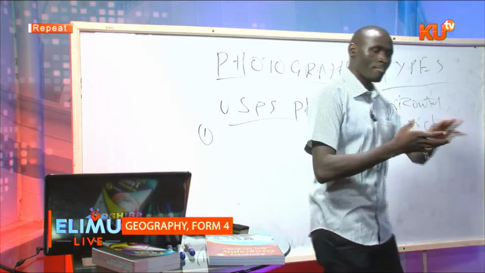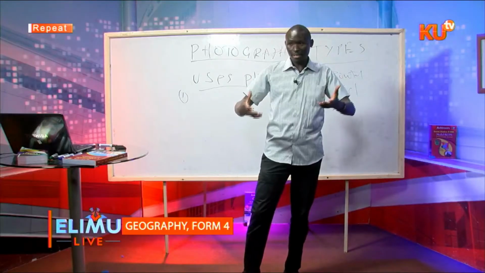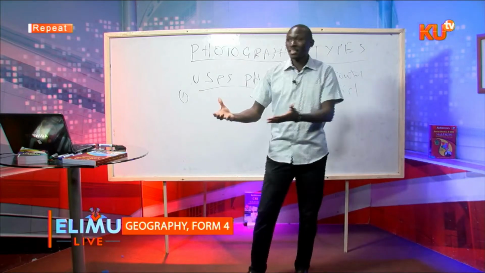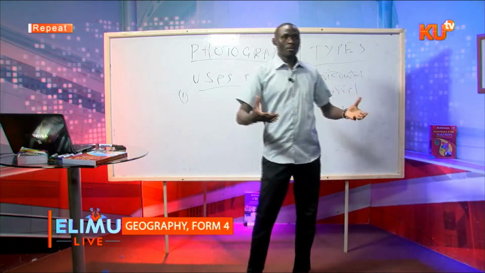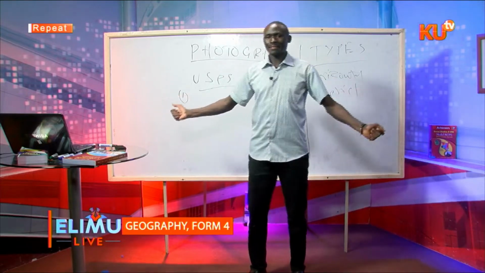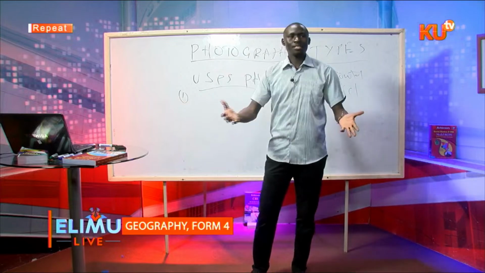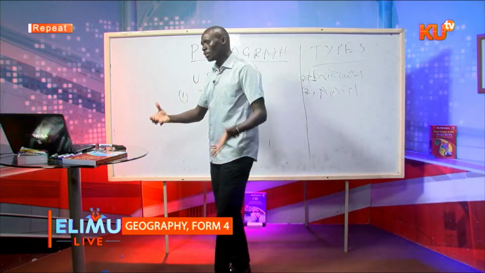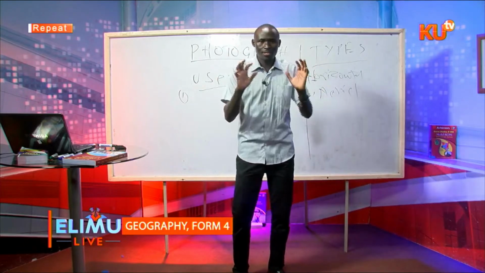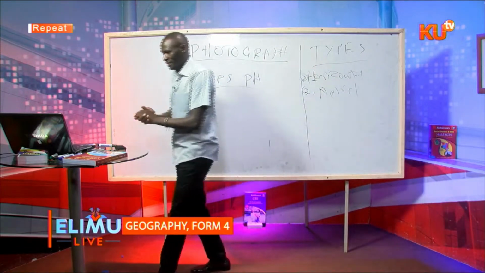Every photo that is given must have a title. Even if you take a photo right now, you can't just post it, but you say we are enjoying with friends, or we are eating lunch, or we are surveying the land. So we must have the interpretations of what is given. There must be a theme, or a title under which that photograph has been taken.